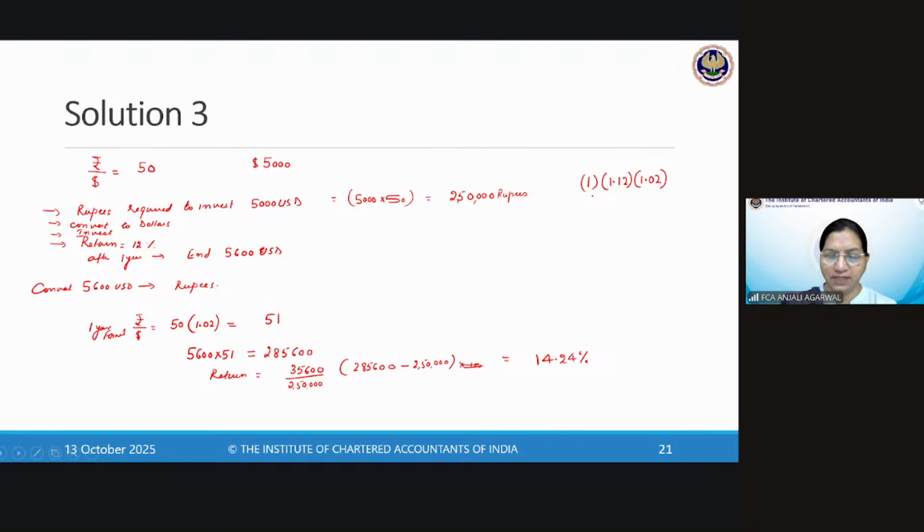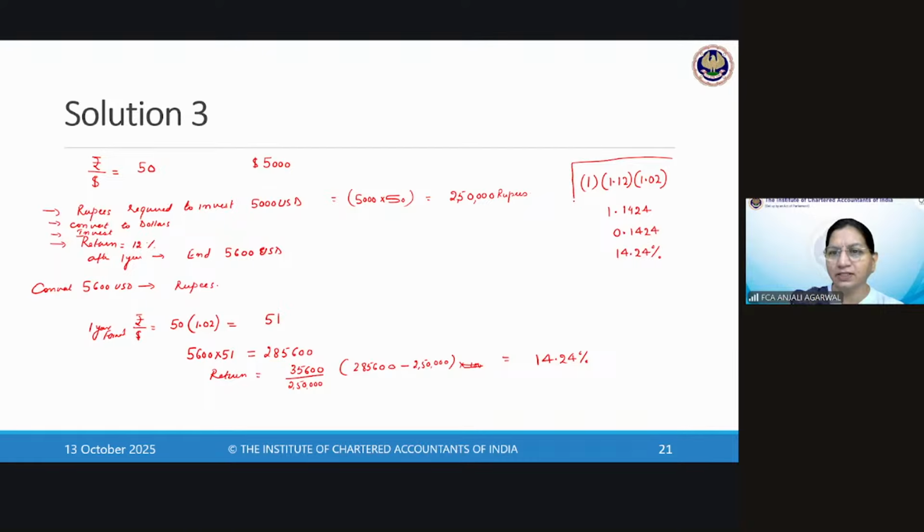So when you do this calculation, you should end up getting 1.1424, that is 14.24%. Once again, your 1 rupee becomes 1.1424. So your gain is 0.1424 on 1 rupee. As a percentage, it is multiplied by 100, 14.24%. Got it? Got it, ma'am.